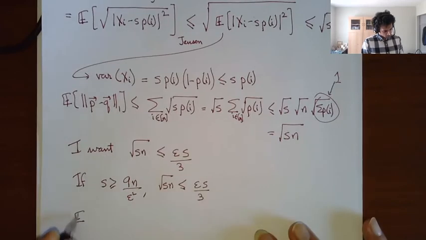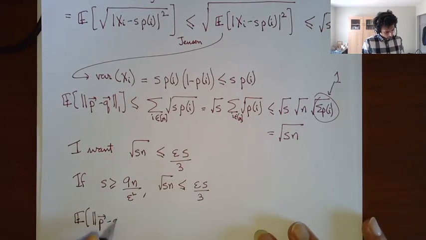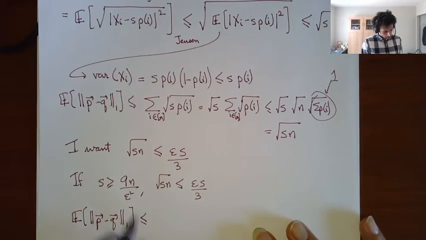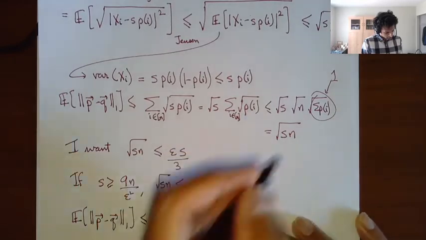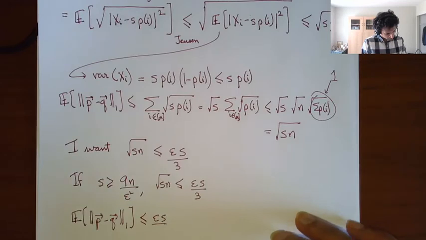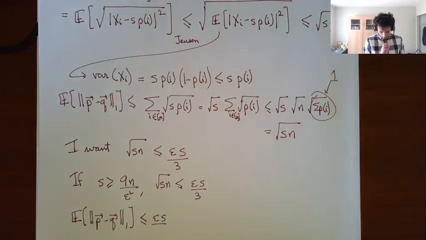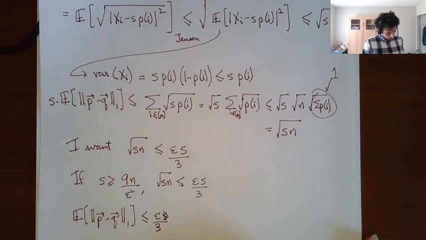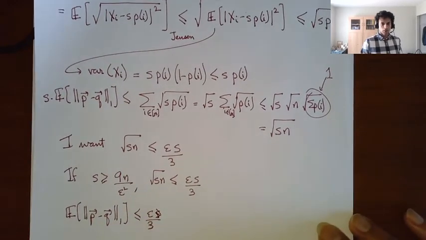So what this means is that the expected value of the total variation or of the L1 distance is at most epsilon s over 3. I should probably say, I'm fudging a bit, yeah, I should say s times this. S times this is that. So I'll get that the total variation is at most epsilon over 3.